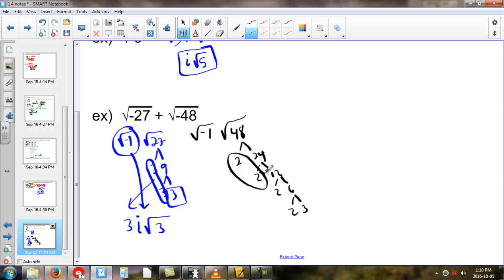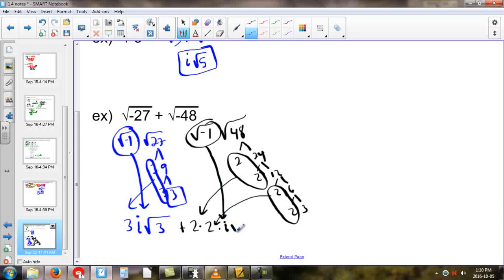So I've got 2 2's there, and I've got 2 2's there. So that means I'm going to pull, there's a plus sign here, I'm going to pull a 2 times another 2 times, don't forget this guy, it's i. Root, was there anything left? Yeah, there was a 3 left over.